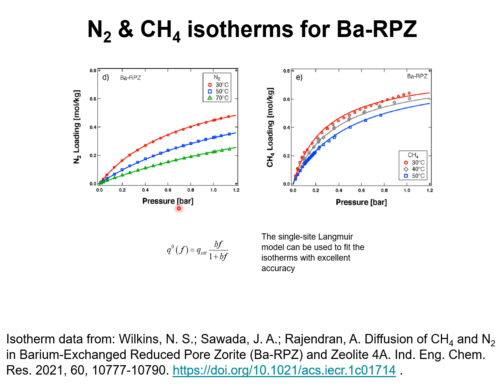The data are shown here. For each of the guest species, the isotherms are measured at 3 different temperatures: 30 degrees Celsius, 50 degrees Celsius, and 70 degrees Celsius for nitrogen, and 30 degrees Celsius, 40 degrees Celsius, and 50 degrees Celsius for methane.